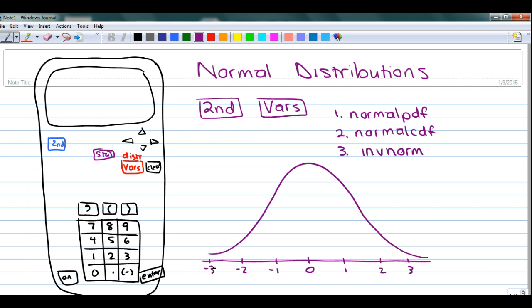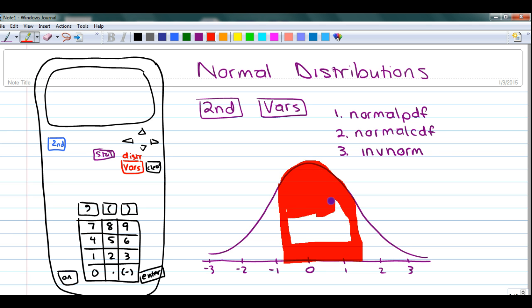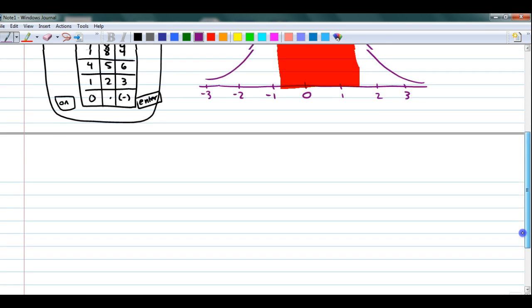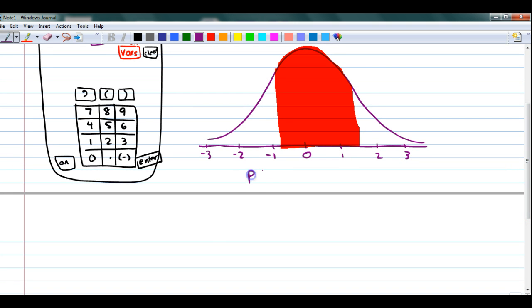If I wanted to know the area from, say, negative 0.7 to 1.5, the area under the curve, that would be the probability negative 0.7 is less than z is less than 1.5.